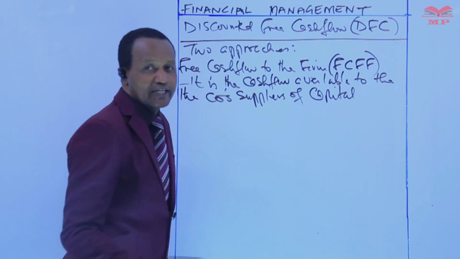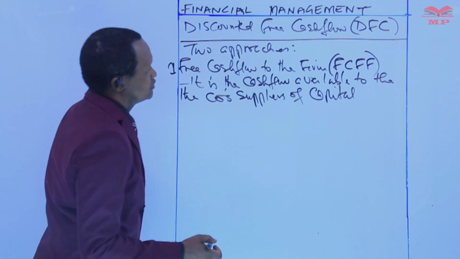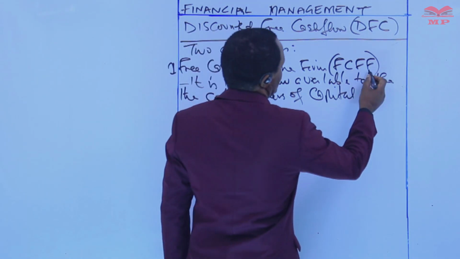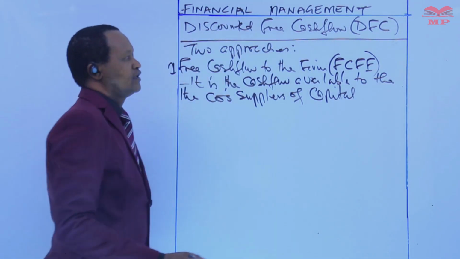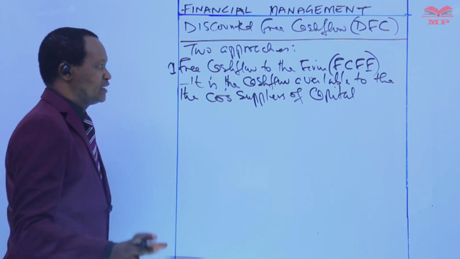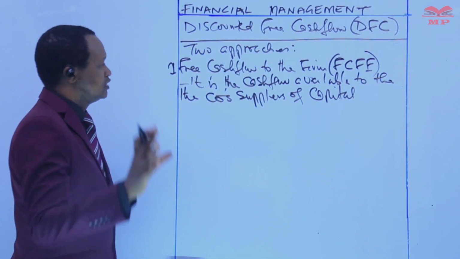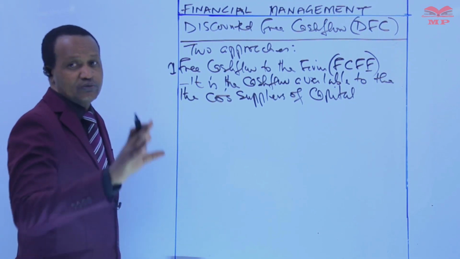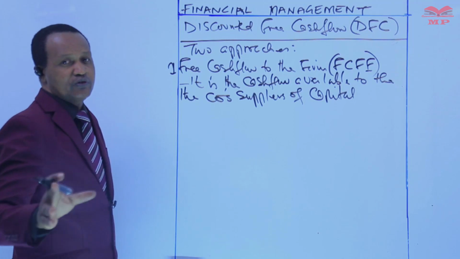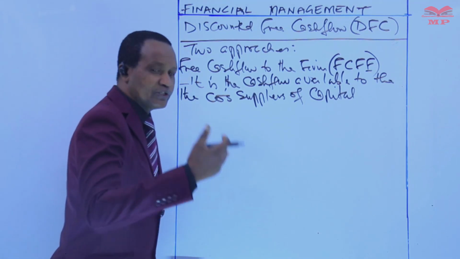That's what we are referring to as free cash flow to the firm. We said it is the cash flow from operations minus capital expenditures.